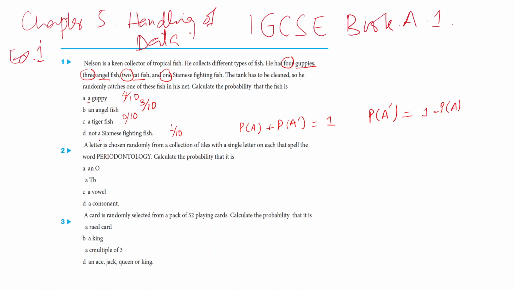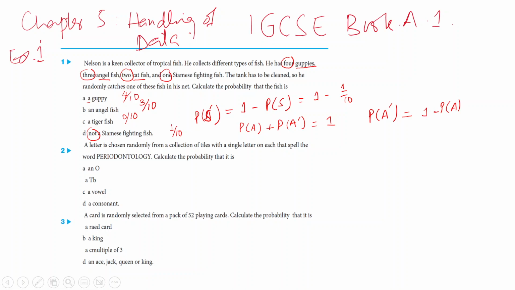So not having a Siamese fish will be 1 minus the probability of having a Siamese fish, which is 1 minus 1 over 10. So this should be the answer for this one.